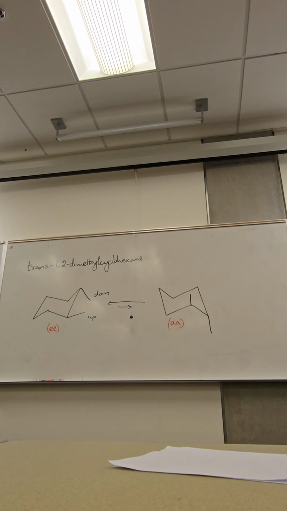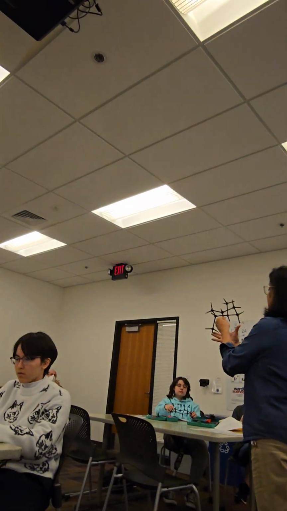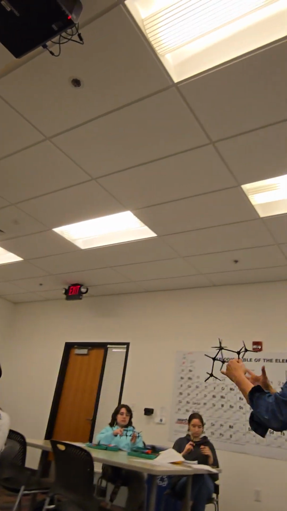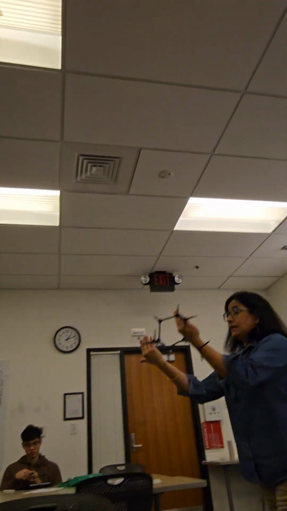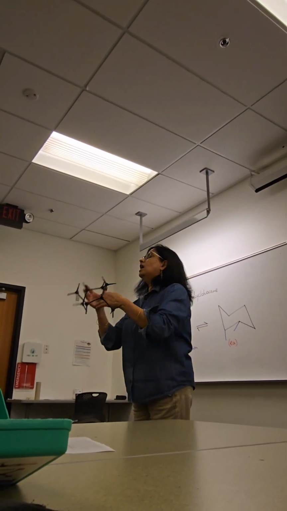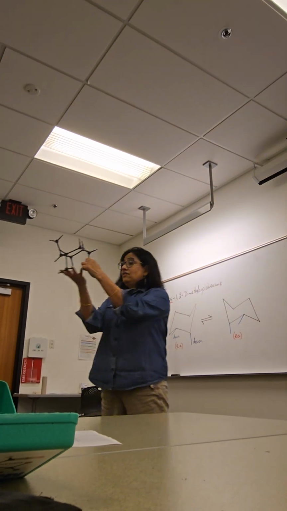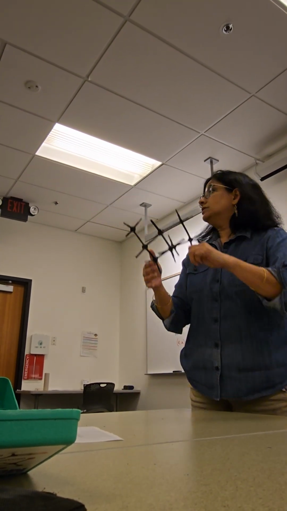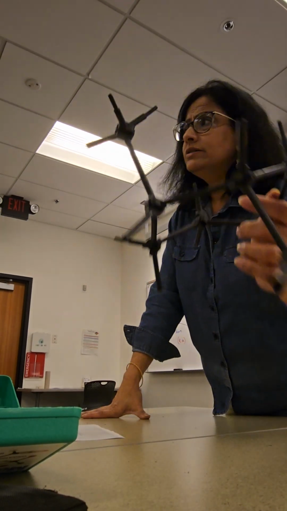There is no interaction that is as big as the interaction between the two. So when those groups are placed outside of the ring, they have less harmful interactions than if they were placed in the axial positions. Does that answer your question?